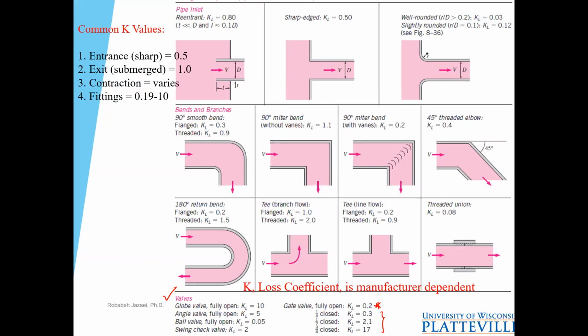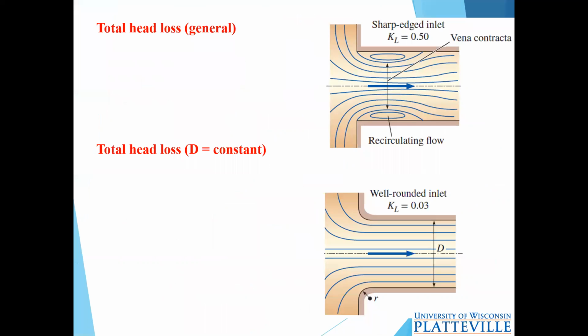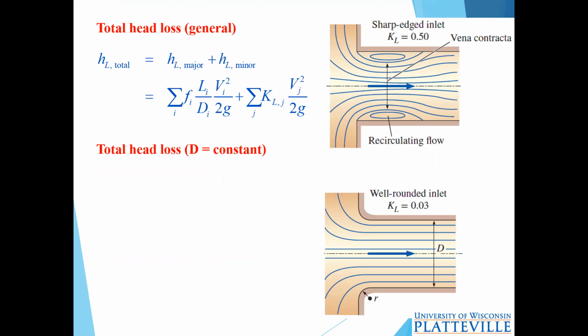All right, let's see the equation that we need to find all these losses, either minor or major. The total head loss in general is the combination of major loss and minor loss. You already know how to find major loss from the Darcy equation. This is something new that you just learned today. It's minor head loss that depends on the coefficient of minor loss, and you need to look at the table in the textbook to find the KL value.